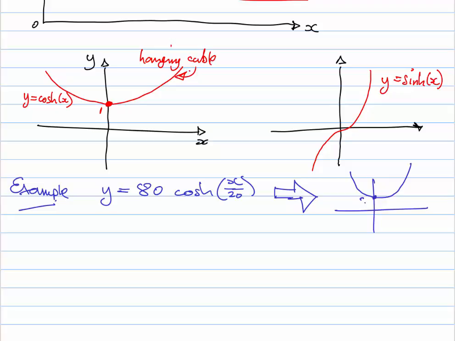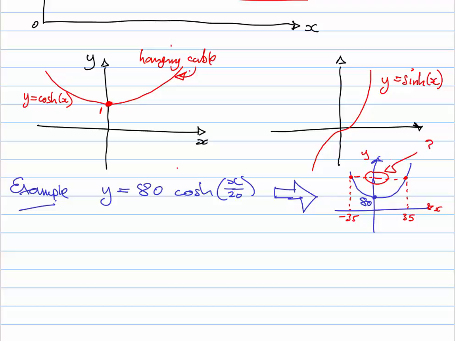There's the cosh shape, and we'd have a height of 80 there. And what we might be particularly interested in, a question might ask us to work out what's the value of y when x was, say, minus 35 or potentially plus 35. What is this y value here? That one there.